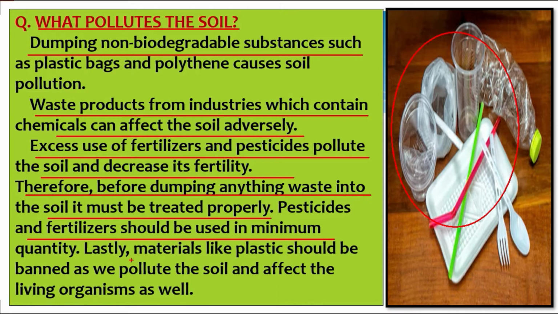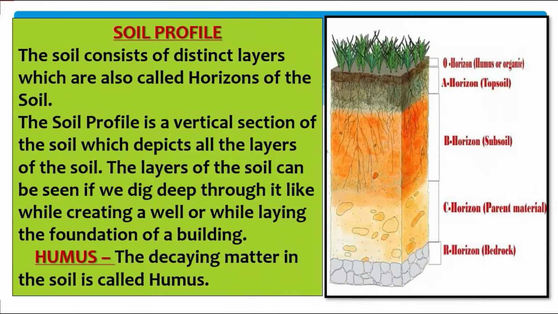And lastly, materials like plastics that we use in our everyday life should be banned, because we pollute the soil by using them. And students, this affects the living organisms present in the soil as well.